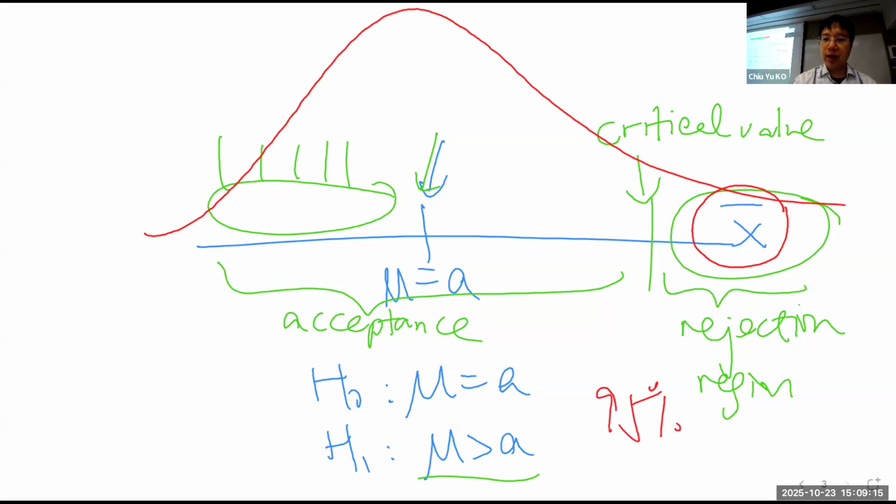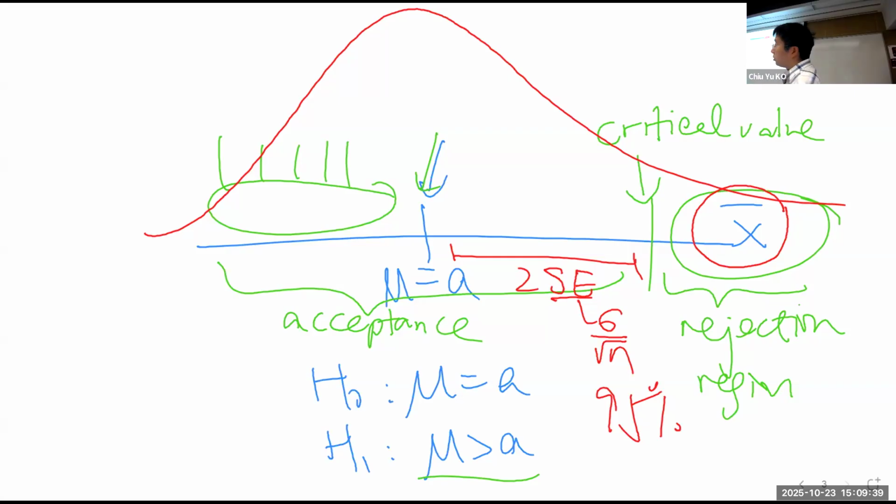So basically, how far it is is just 2 standard errors, right? If you know the sigma, that is sigma over root n, right? So if it is within the distance of 2 SE, then you would not reject. If it's beyond 2 SE, which is not possible from our perspective, then we will be in favor of H1. Okay, we'll talk about this 2 SE later or next class, but that will be the main goal, right?